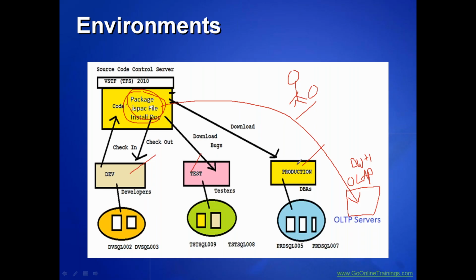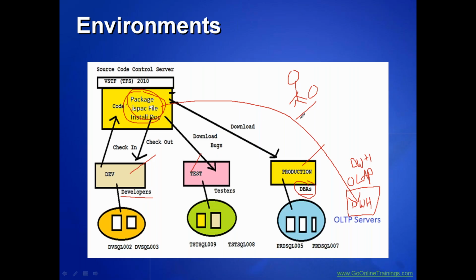So you have to download all the packages. You mean not you, the DBA team, because developers will not have permission on the data warehousing. All your packages, all your ESPAC file install documents, everything will be downloaded by the DBA team to the data warehousing servers, and the packages will get installed as per the installation document on the release date.